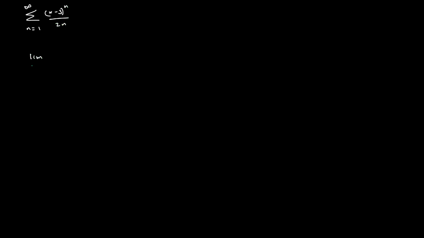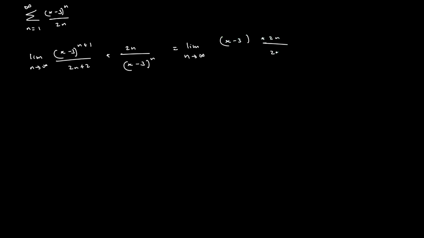So the limit as n tends towards infinity of (x minus 3) to the n plus 1 divided by 2n plus 2 times 2n divided by (x minus 3) to the n. That simplifies to the limit as n tends towards infinity of (x minus 3) times 2n divided by 2n plus 2. This, as n tends towards infinity, will tend to 1, and then you have x minus 3 left over, so this simplifies to x minus 3.